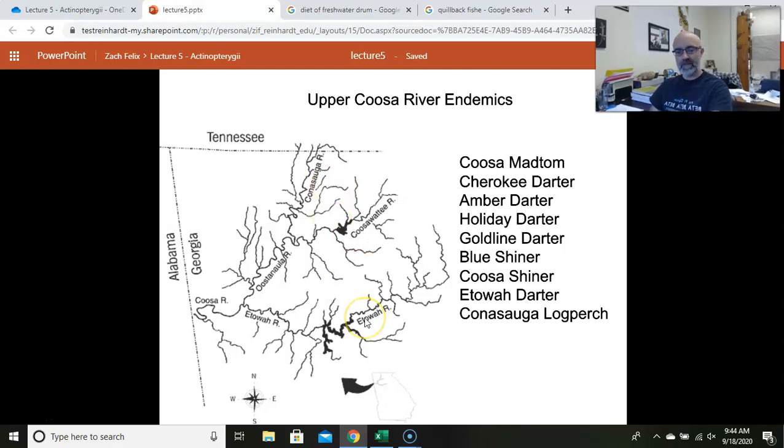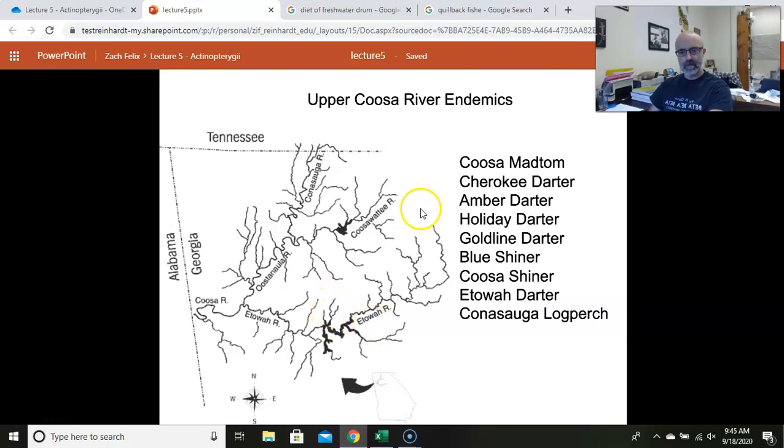This is a great map. I love this. Here's the Etowah, here's Allatoona. And I guess this must be Shoal Creek here.